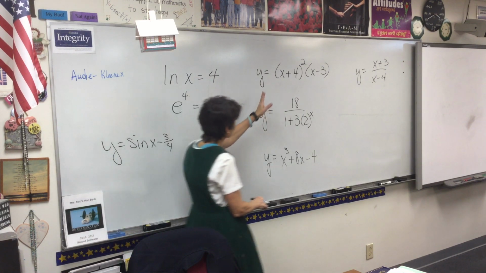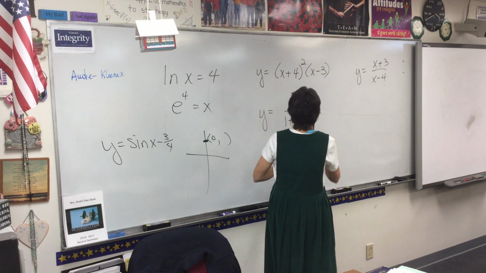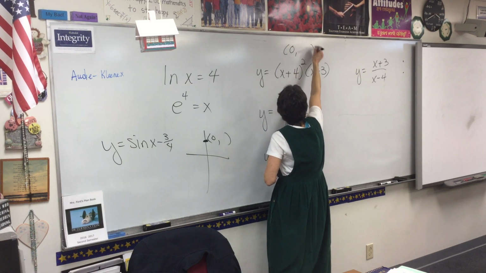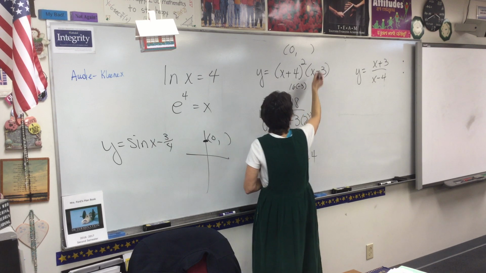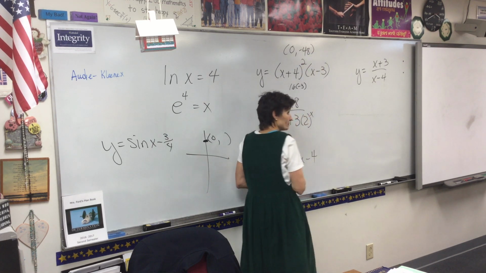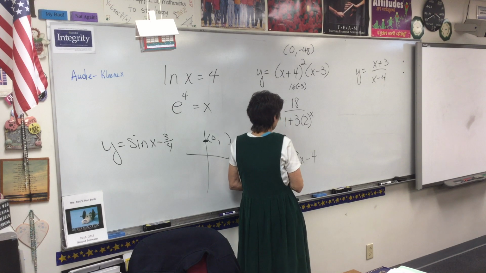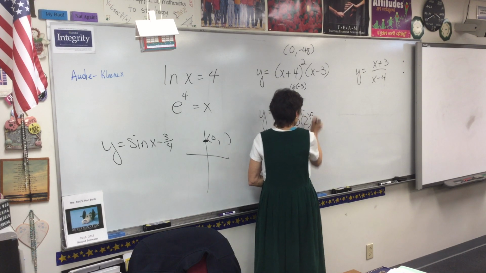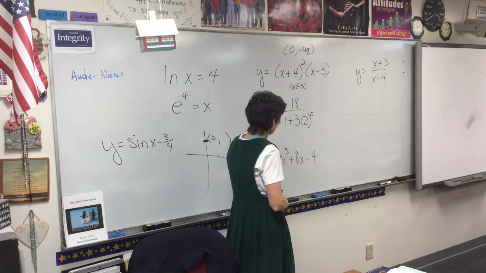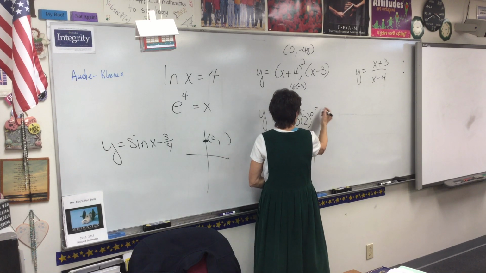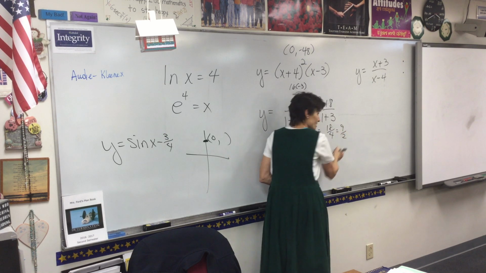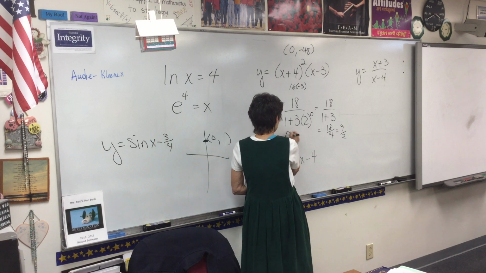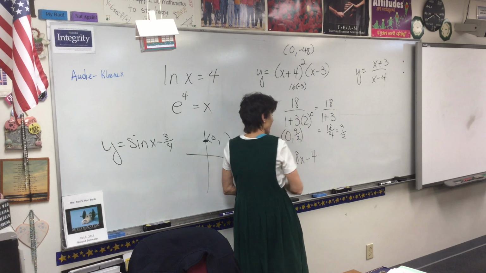So, if I let x be 0 in this top equation, my y-intercept will be, let's see, that would be 16 times -3, -48. If I let x be 0 in this one, what's 2 to the 0th? 1. So this is 18 over 4, or 9/2. So my y-intercept is the point (0, 9/2).